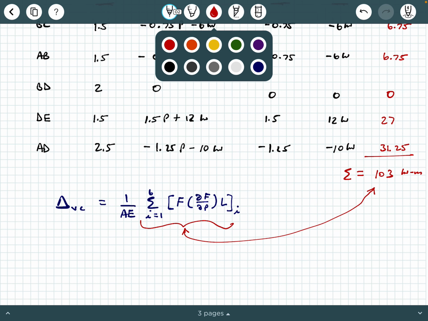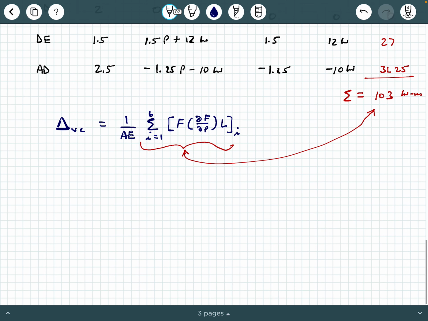And so here I can substitute these values in, and I get delta VC is 103 kilonewton meters in that numerator, all divided by AE. Now, my A value was 0.000625 meters squared, and my E value was 190 gigapascals, but I need to take that to kilopascals.